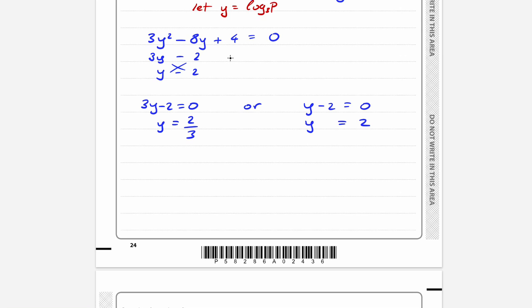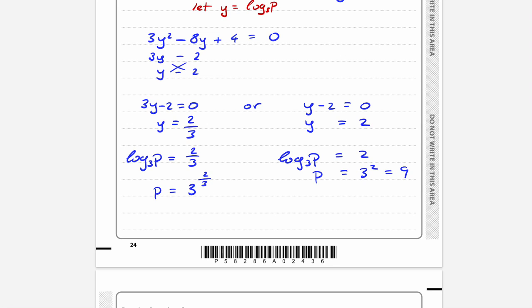Y is log p base 3, so I'm going to change that to log p base 3 equals 2/3, or log p base 3 equals 2. So now we have a situation where p here is equal to 3 squared, which is 9, and here p is equal to 3 to the power of 2/3.